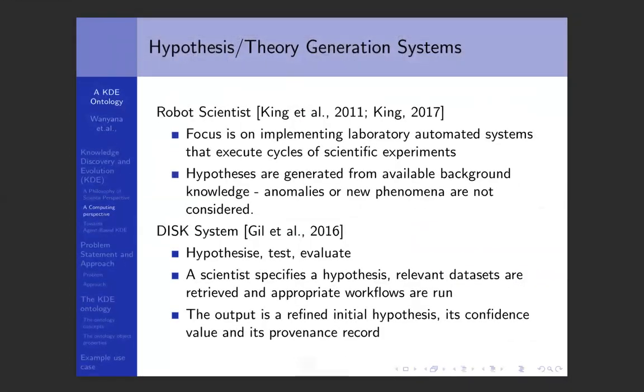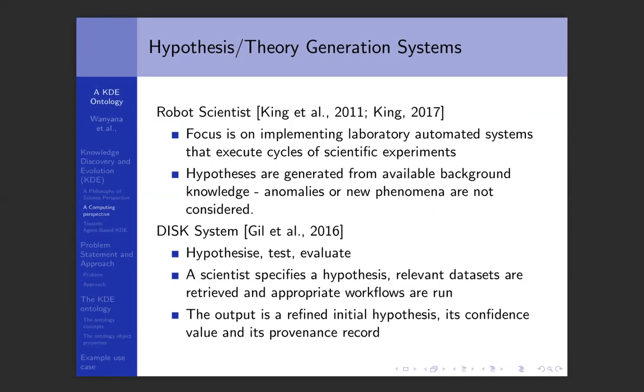Crossing over to the computing perspective, let me explain three of the systems that attempt to automate the discovery process. The robot scientist by King and his colleagues attempts to hypothetical deductively implement automated systems that execute cycles of laboratory experiments to test and predict the success of hypotheses generated from background knowledge.